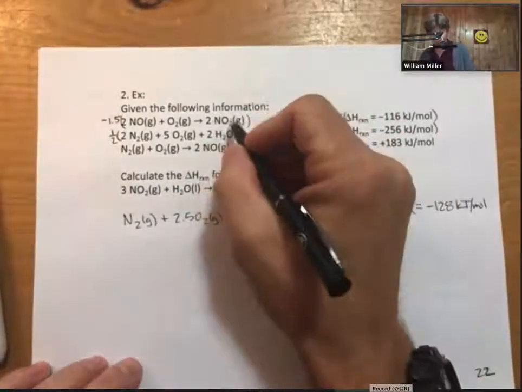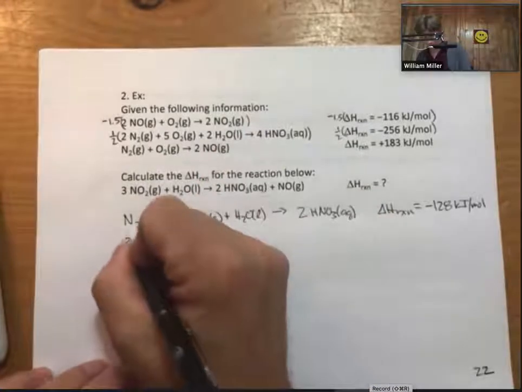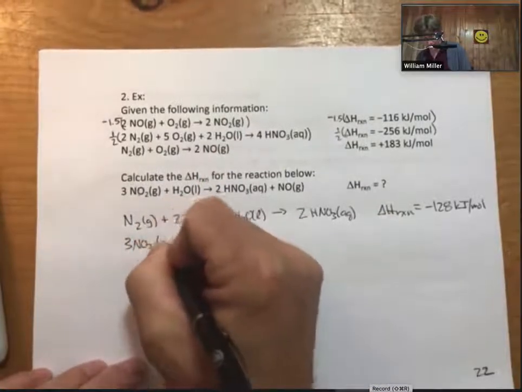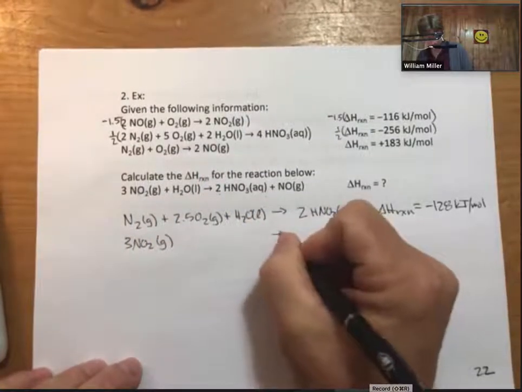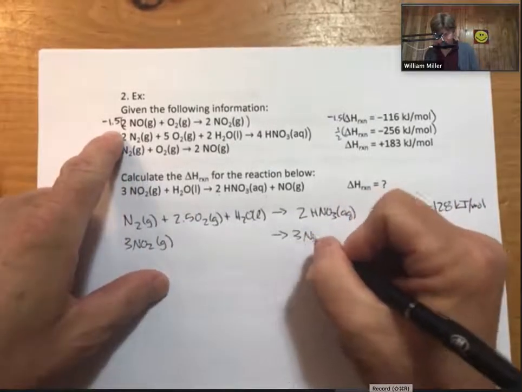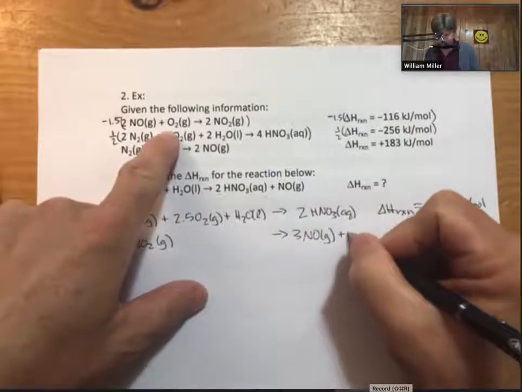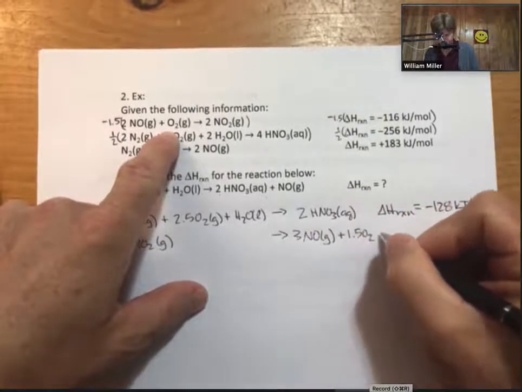All right, let's see if I can keep track of things. So this is going to be 3 NO2. Then I'm going to make 3 NO plus 1.5 O2.